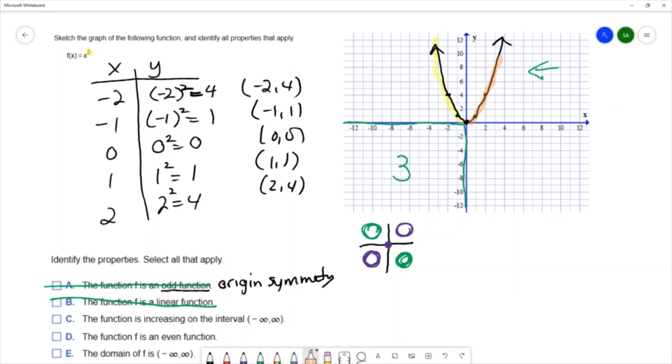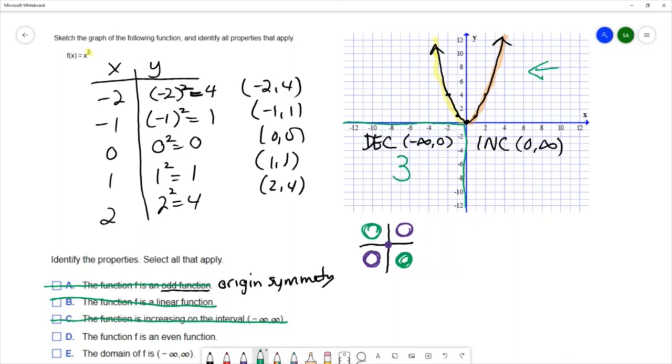So my function is not increasing from negative infinity to infinity. It's decreasing along this section on the left, which is from negative infinity to 0, and it's increasing on the section on the right, which is from 0 to infinity. So this statement does not apply.